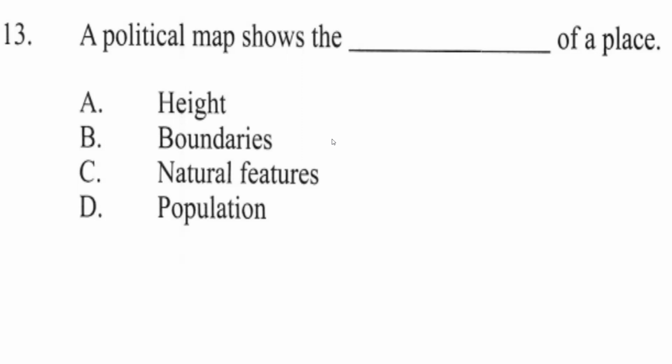Okay, so actually the correct answer is B, boundaries. A political map shows the boundaries. So someone said the natural features, and the map that shows natural features is actually called a physical map.